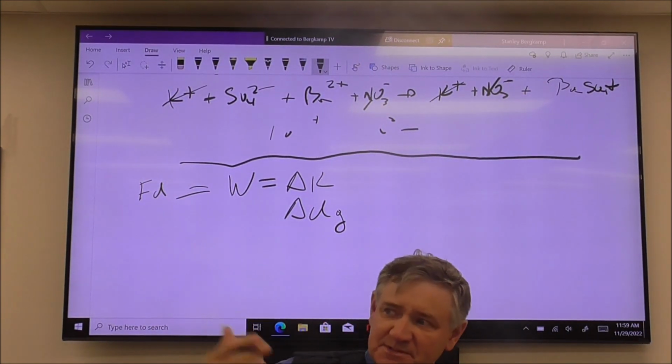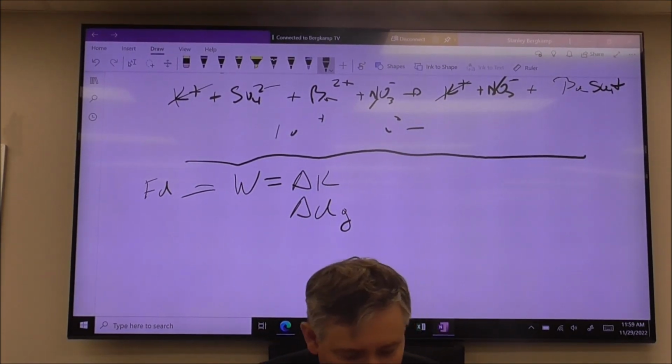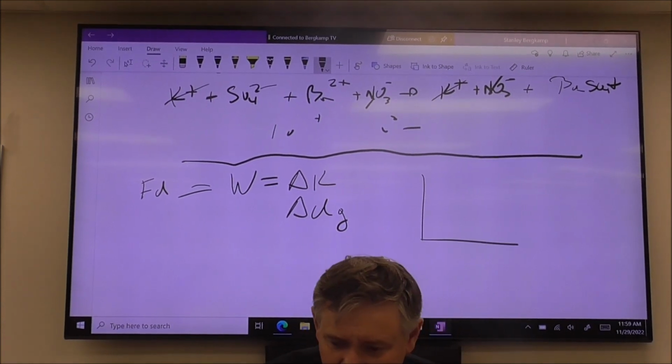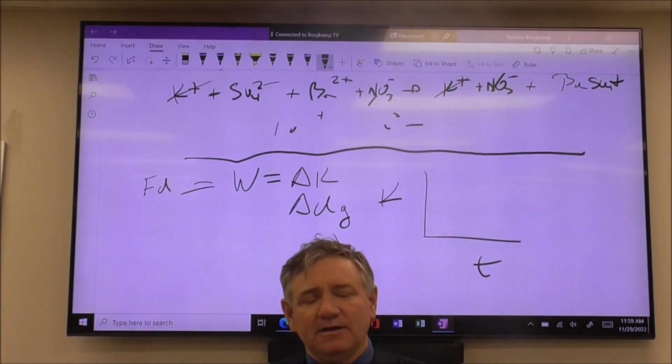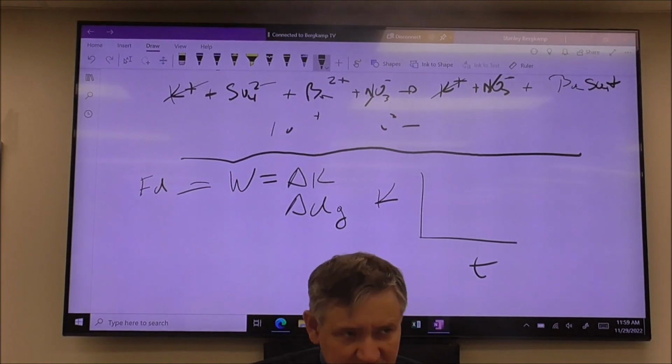That's typically what happens when you're speeding up a train or hitting the brakes on the train. So basically, on number 14, if you were to look at a kinetic energy versus time graph, what's the initial kinetic energy of the train? Zero.